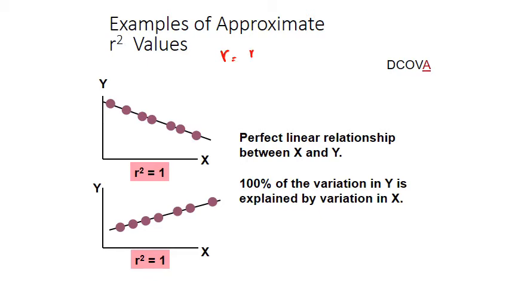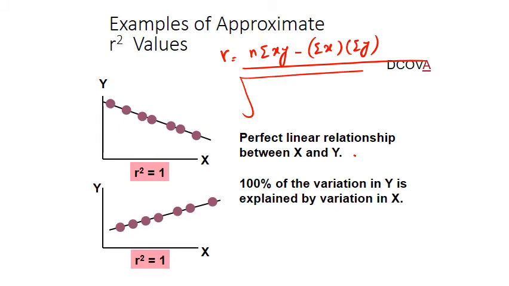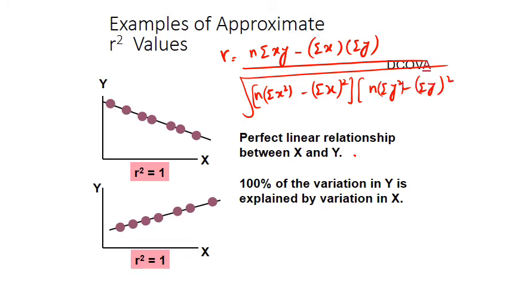R equals n times sum of xy minus sum of x times sum of y, over the square root of n times sum of x square minus sum of x whole square, and then again the same thing with y: n times sum of y square minus sum of y whole square.